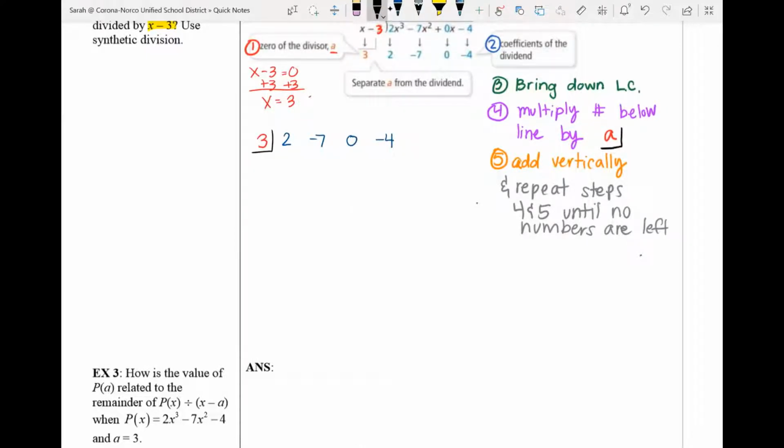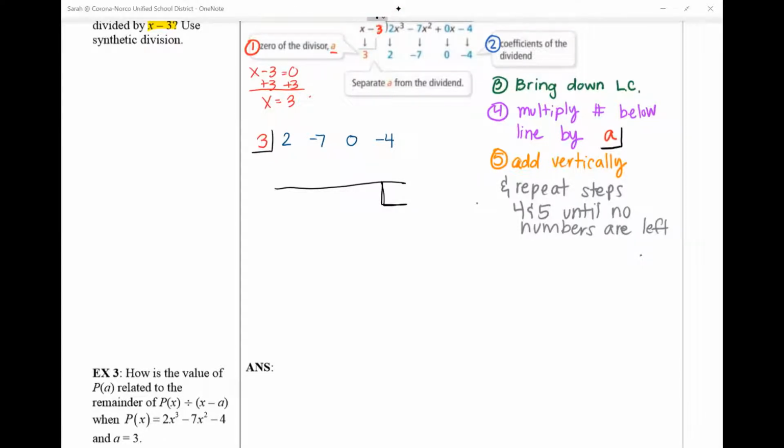And then with this, the way that we're going to organize our work is I skip one line, enough to write another line of numbers. And then underneath that last number, I'm going to put a little box. This box is actually going to hold our remainder.